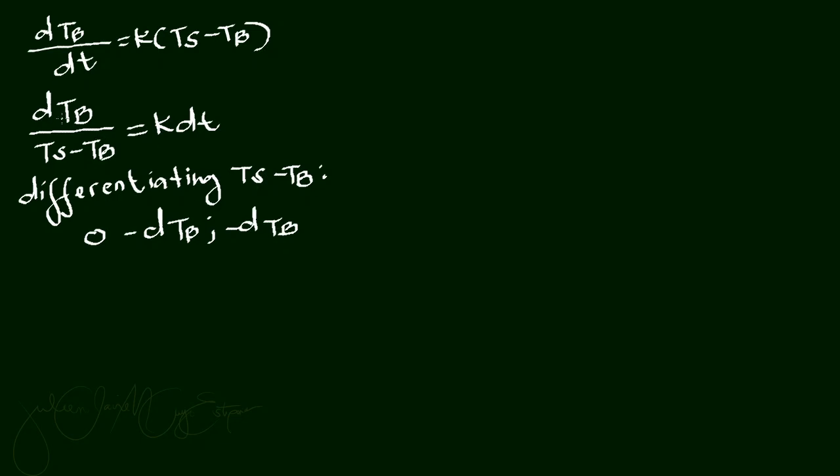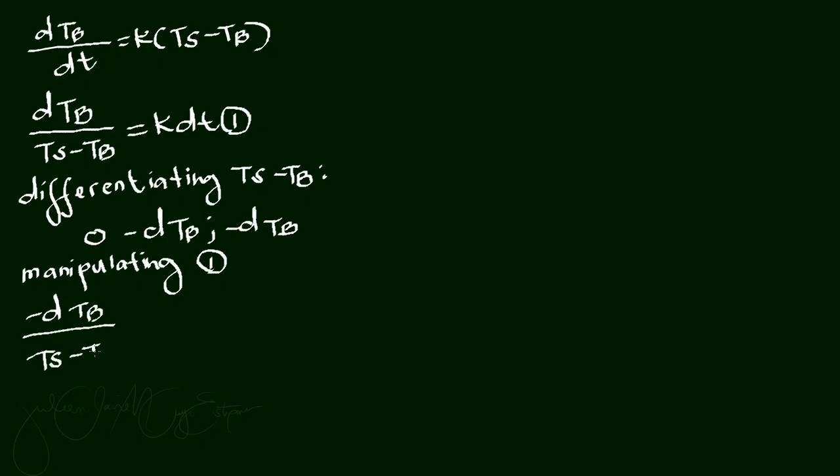If you can see here, the numerator dTB doesn't satisfy the differential of this one, so we are going to manipulate this equation. We are going to multiply it by negative, that is negative dTB over TS minus TB.